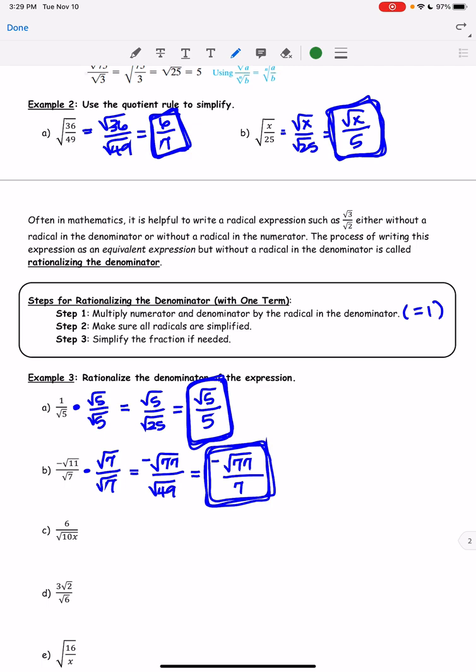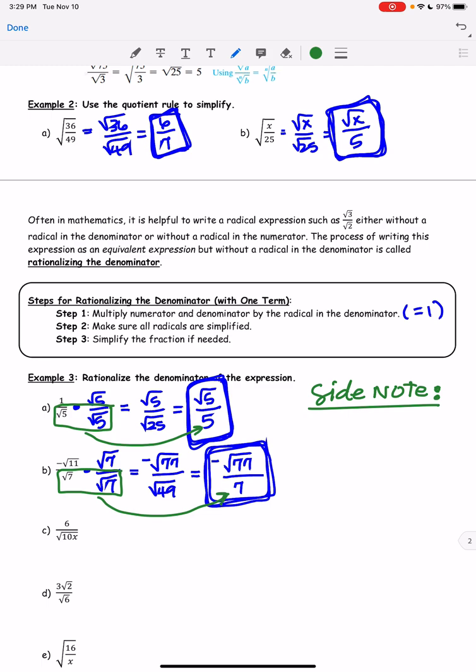Second thing, I don't know if you've noticed this or picked this up, but I'm going to come over here and put a little side note. Notice here, when I did square root 5 times square root 5, what did we end up getting once we simplified? We got a 5. Here we did square root 7 times square root 7. What did we end up getting? 7.